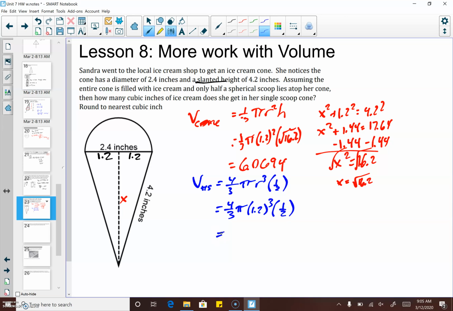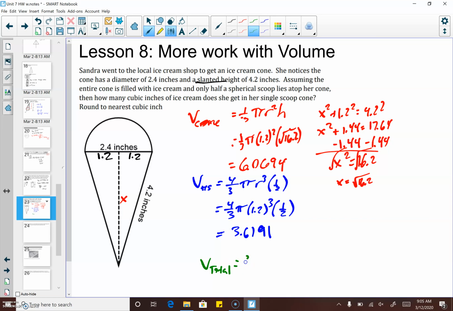So 4/3 pi 1.2 cubed, and then times a half, is going to give us 3.6191.